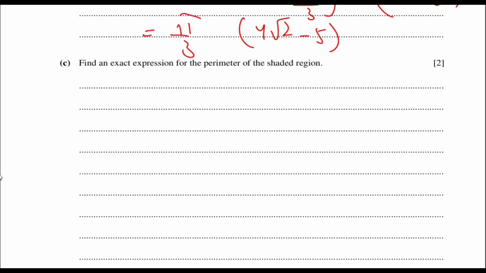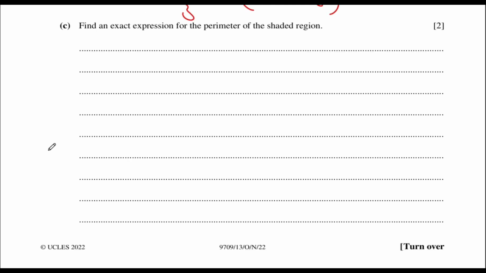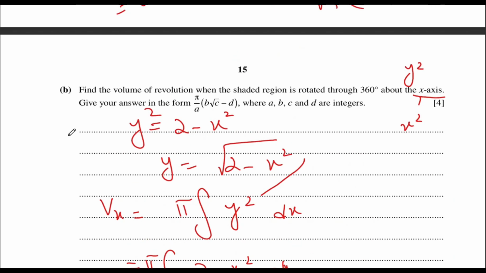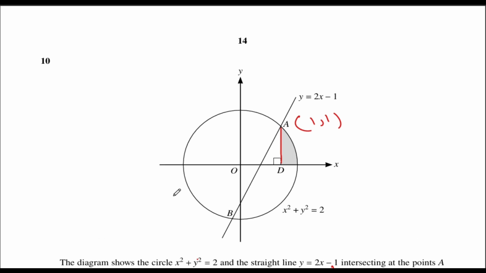Find an exact expression for the perimeter of the shaded region. For the shaded region, first of all we should know the angle we make here. To find the perimeter we need this arc length.